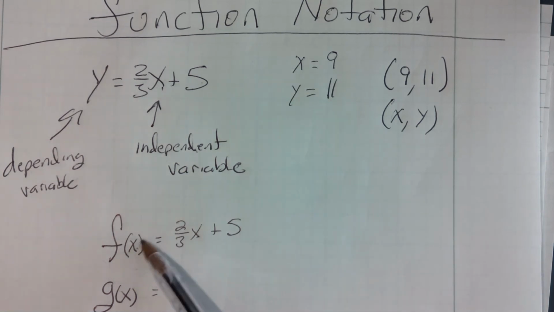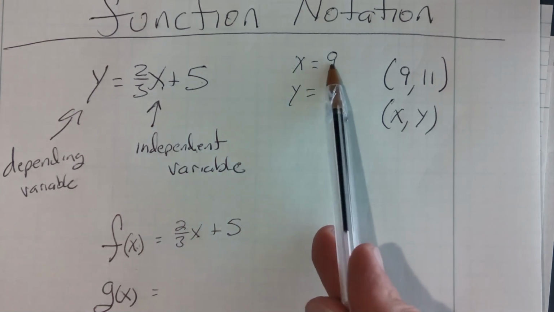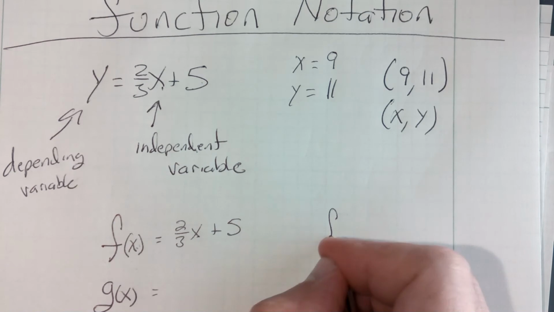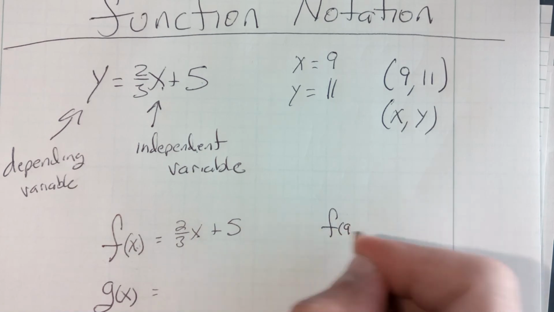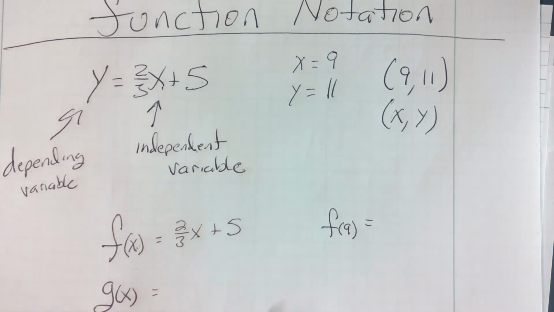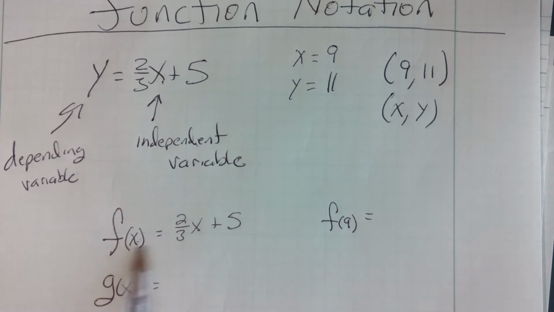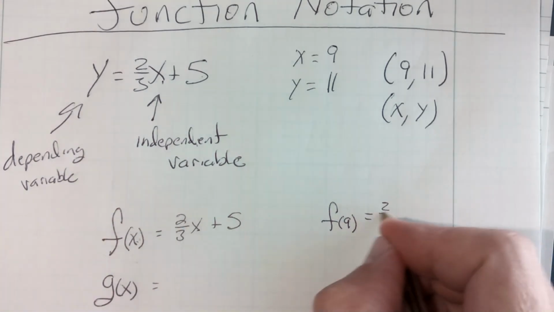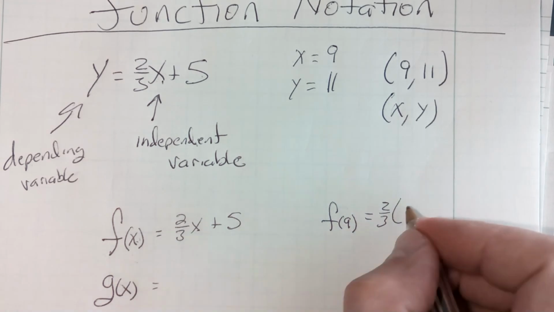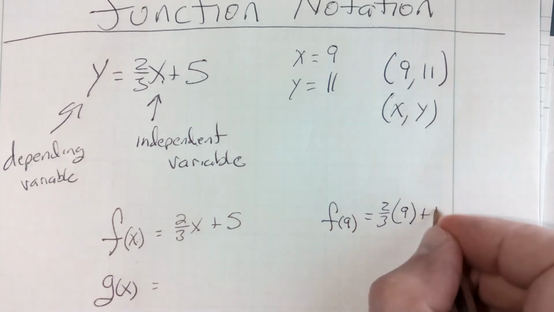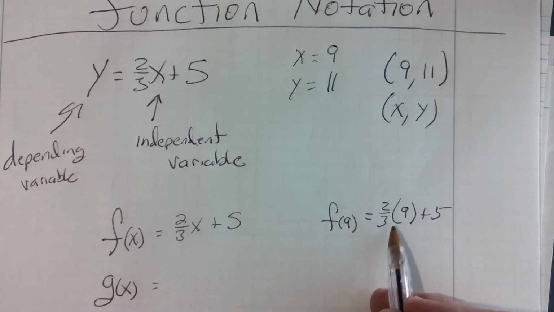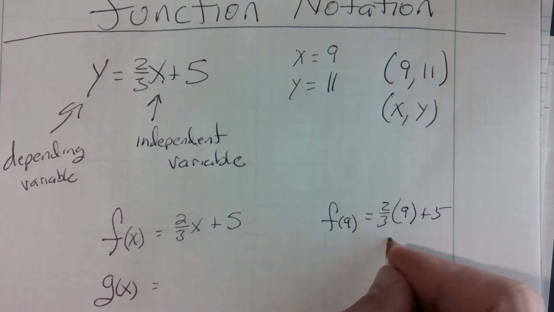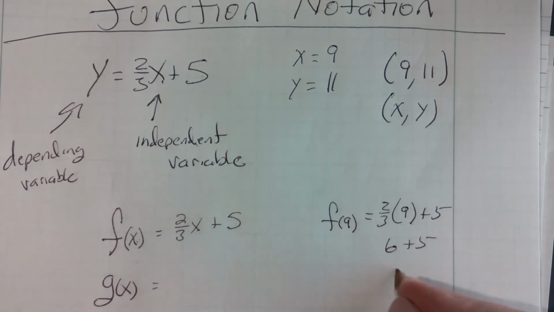If I wanted to find the outcome for an input of 9, I say, let's find out what f of 9 is. I've replaced that x with a 9, and then I do the same thing here: I take that 2/3, replace the x with a 9, and then add 5. Then I simplify. 2/3 of 9 is 6. 6 plus 5 is 11.